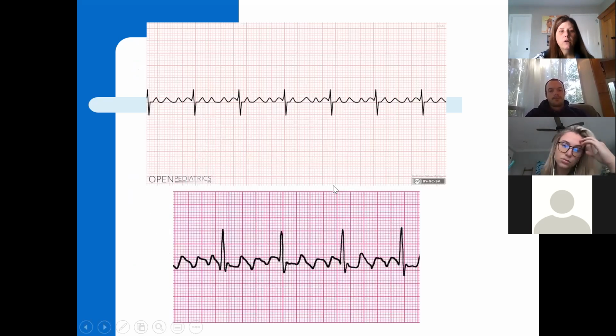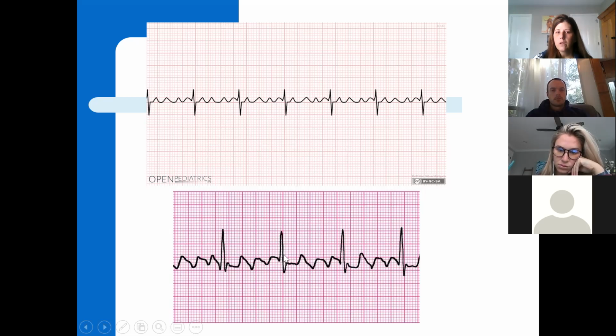Okay, so here, the QRSs tend to look pretty normal, don't they? Same thing down here. They look fairly normal. But I don't really have any identifiable P wave. Instead, I have this up, down, up, down, up, down, and down here.